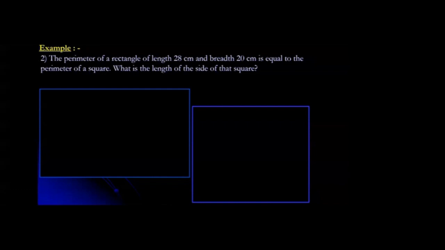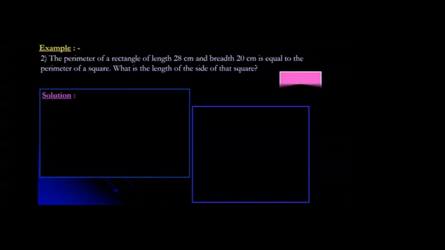The perimeter of the rectangle whose length is 28 and breadth is 20 is equal to the perimeter of a square, and we have to find out the length of the side of that square.